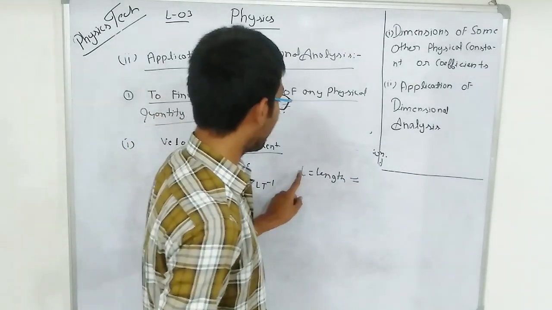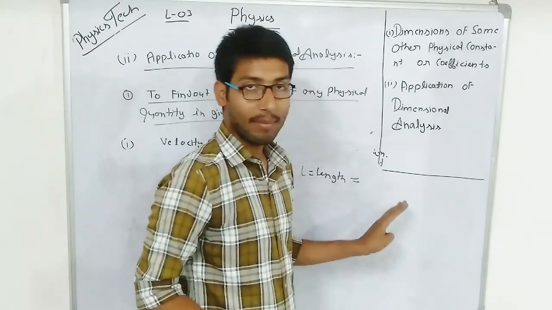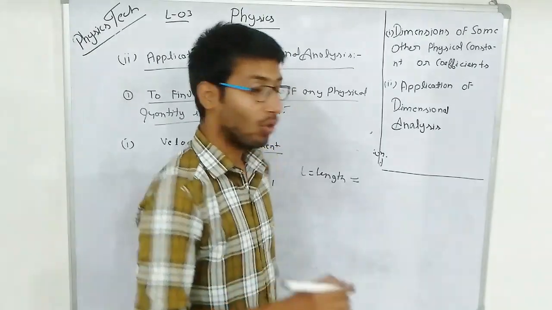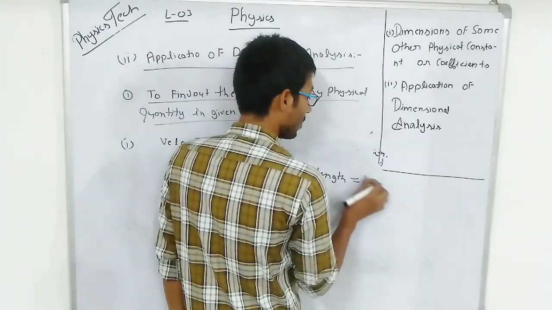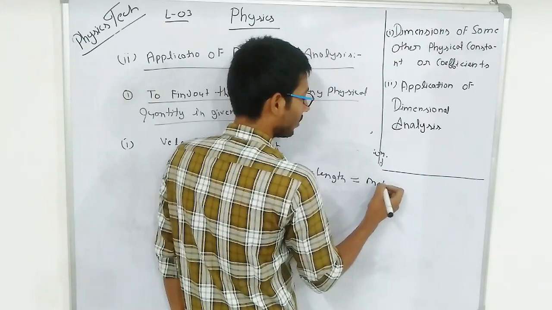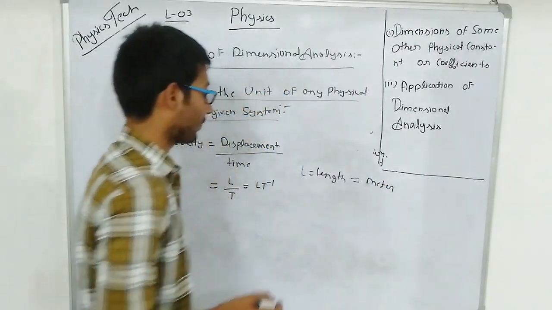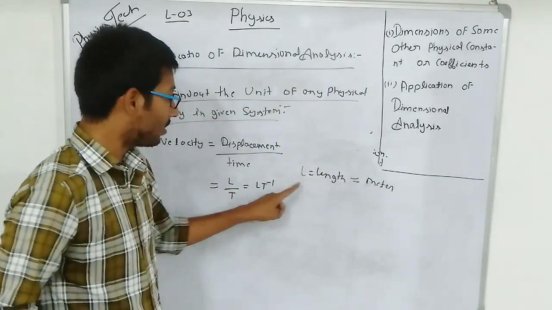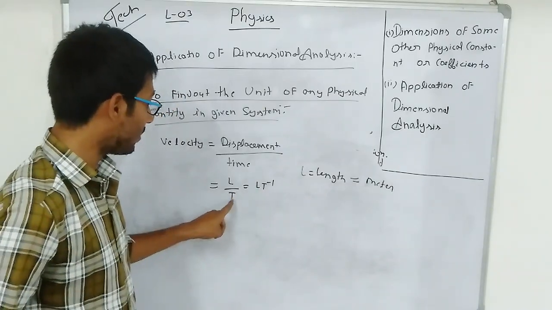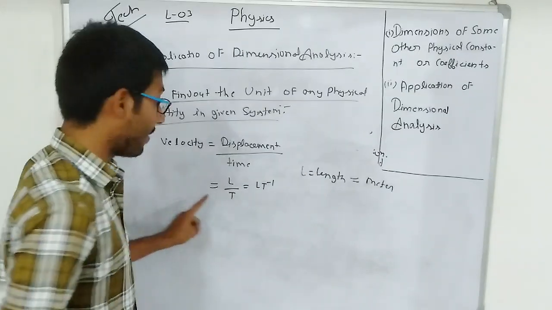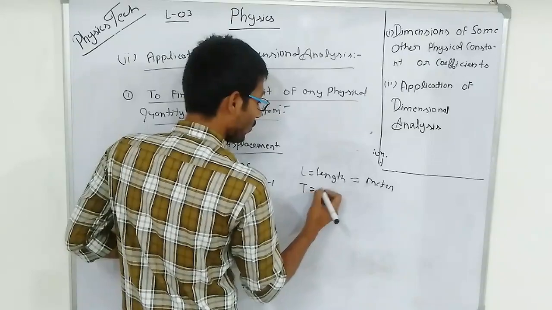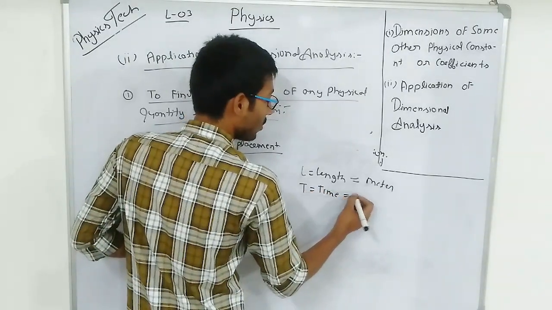In SI units, the unit of length is meter and the unit of time is second.